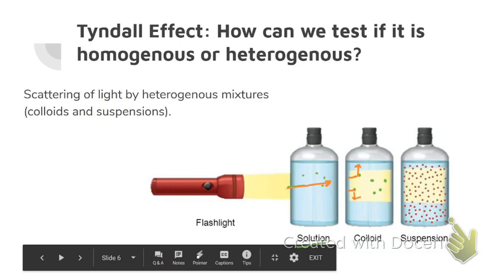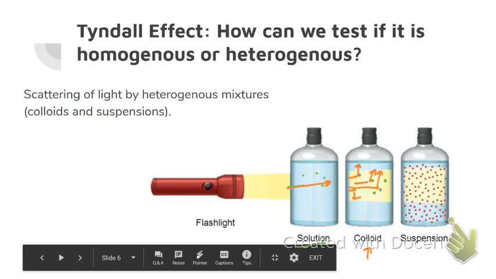It almost looks like the light is scattering, and like the whole mixture is lighting up. Why? Because the light is bouncing off the bigger particles and going in different directions within the mixture. And so it lights up.